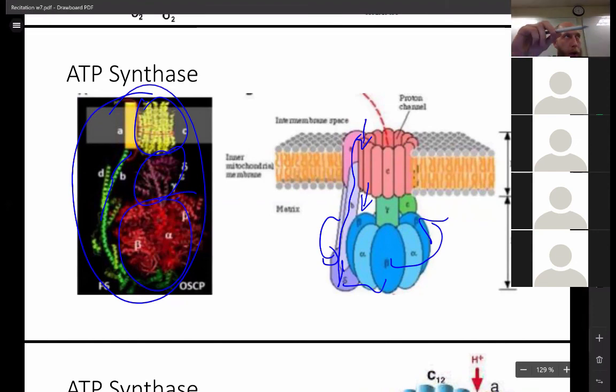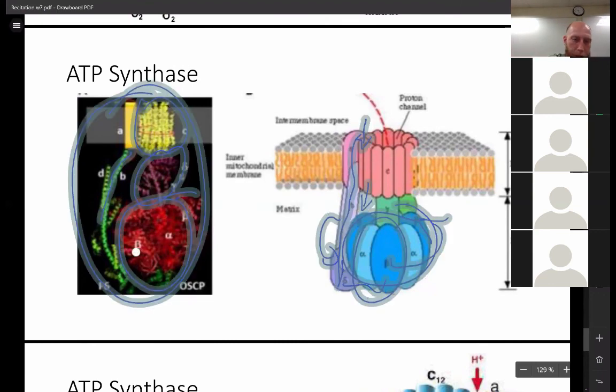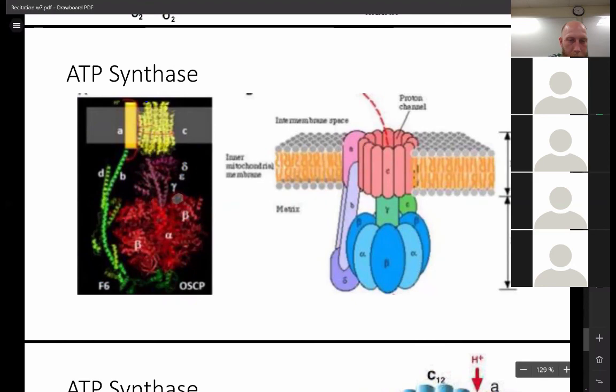It's a heterodimer hexamer. So it's six subunits of alpha and beta, and those alpha and betas are together. So this is a heterodimer, and then this whole thing is a hexamer or something like that. The point being is that it's a very complicated system, but fairly straightforward once you get it under your belt.